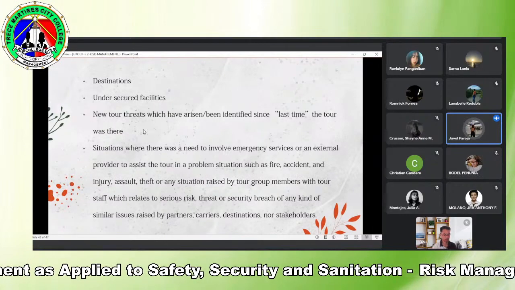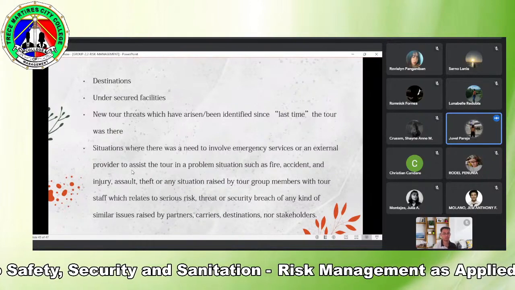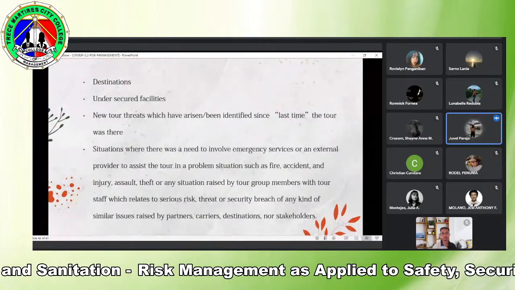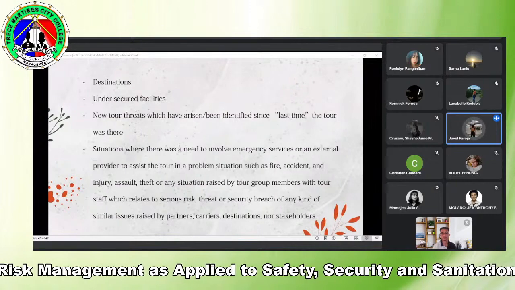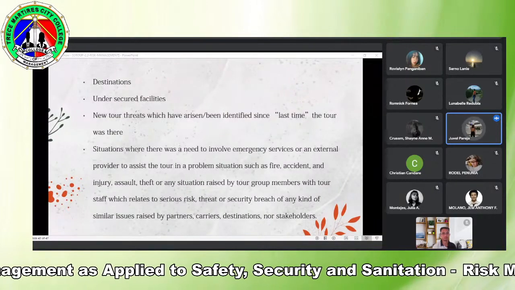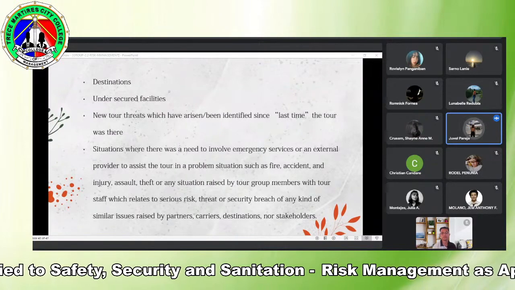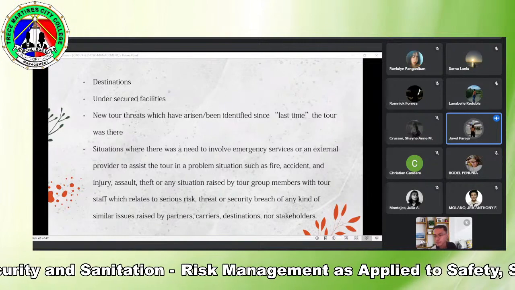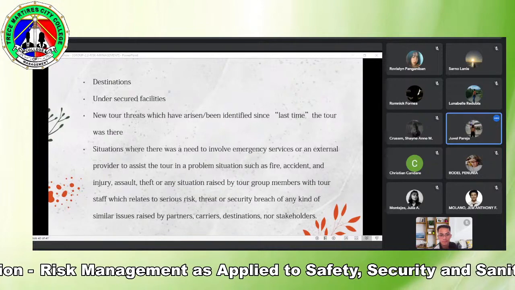May nangyari na po doon, since pwedeng alam ng isa or pwede niyang pigilan yung ibang tao na huwag pumunta doon sa lugar na yon. For example po is yung may landslide na nangyari, gusto nila doon na mag-camping pero may nagsabi sa kanila na hindi safe doon kaya pinigilan po kayo ng tao na yon.